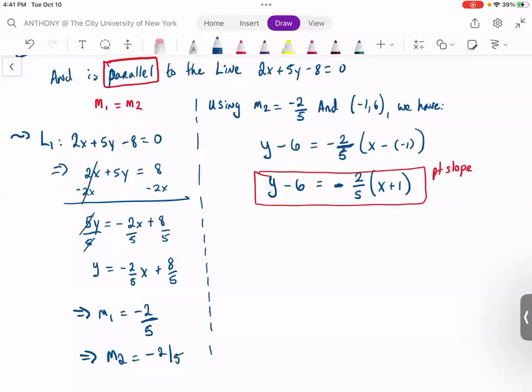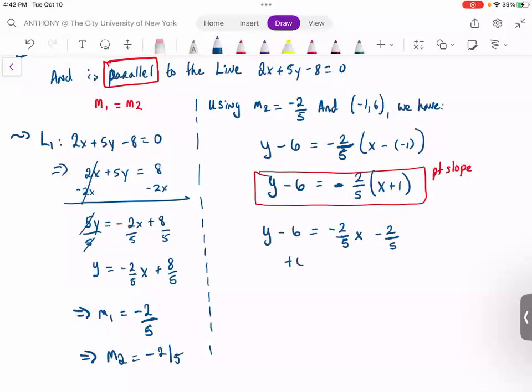Now for slope-intercept, you just got to convert this line, which I put a box around in red, into slope-intercept. You just have to make sure that you isolate the y. First, you can distribute the -2/5 inside the parentheses. This will give us y - 6 = -2/5 x, followed by -2/5. Negative 2/5 times 1 is still -2/5.